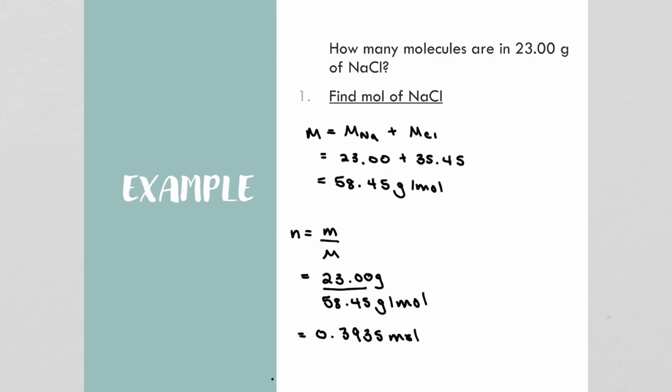Now we need to find the number of particles. So to find the number of particles, remember, that would be capital N, and that is equal to little n, the number of moles, or the amount, times N_A, Avogadro's constant.